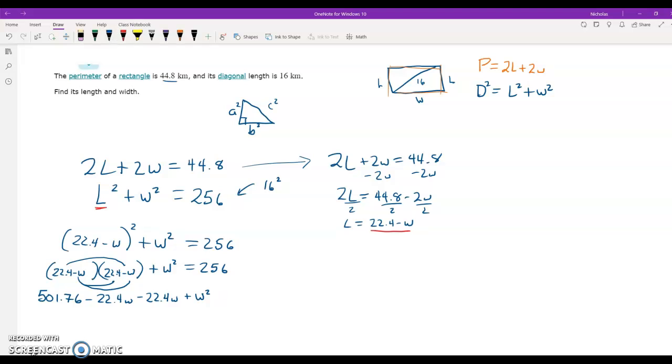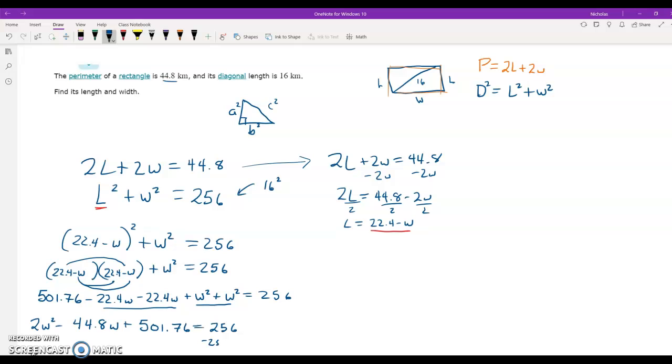Don't forget we still have this, I almost made this mistake, we still have this W squared hanging out at the end, equals 256. All right, it's looking pretty not very nice right now, but let's go ahead and combine our like terms. 2W squared minus 44.8W plus 501.76 equals 256.